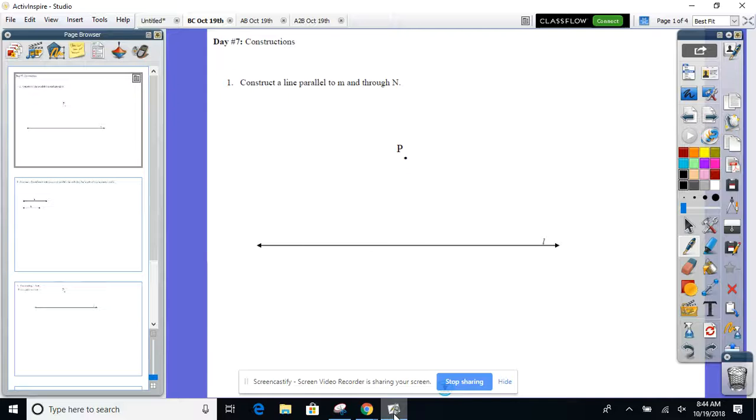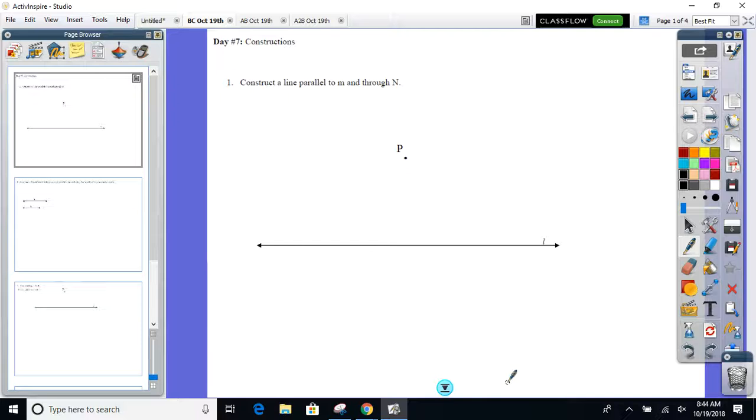First, parallel lines. I will always give you a line and a point to draw it parallel through. First thing you need to do, and this is the only new thing I'm going to teach you, draw a transversal through the point and the line. It can go at any angle, does not matter.